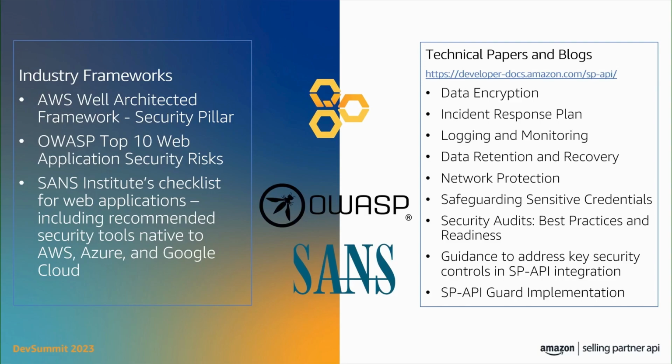SANS is another great one for identifying, for different cloud providers, what is the equivalent service that will map from, let's say, AWS Macie to an Azure service or GCP service. We're not at the level of integrating Guard with those services yet, but maybe down the line, that is one of our goals.